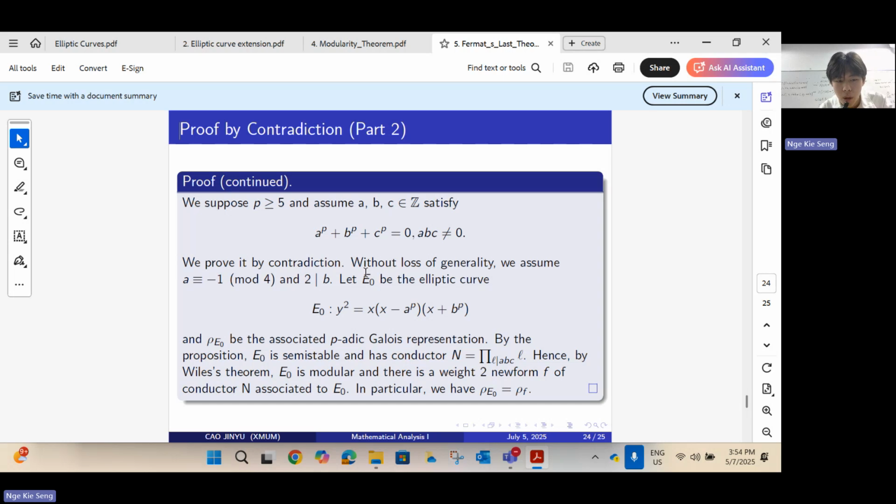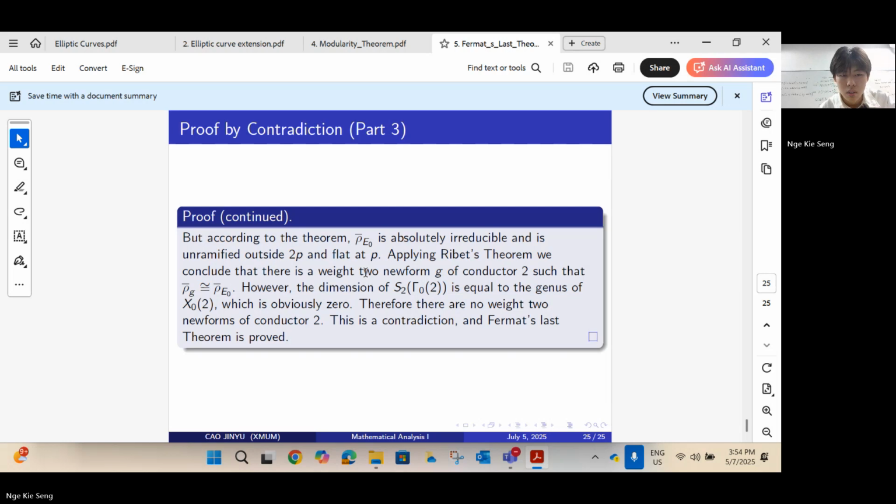By the Wiles theorem, E0 is modular, and there exists a weight 2 newform f of conductor N associated to E0. In particular, the Galois representations of f and E0 are equal.